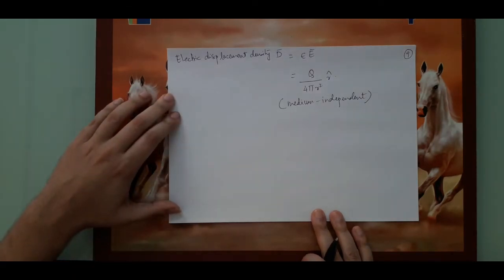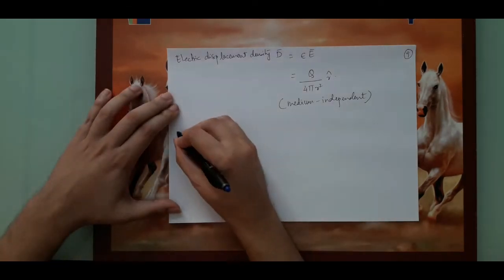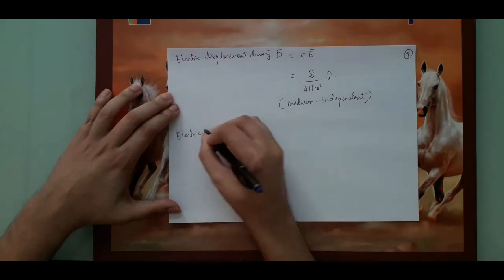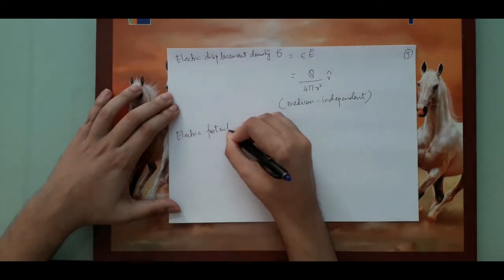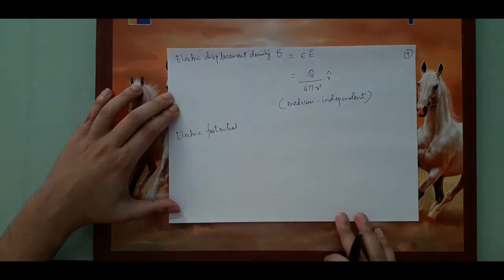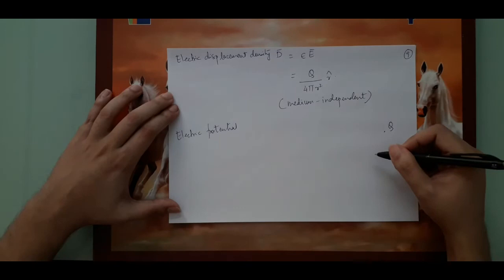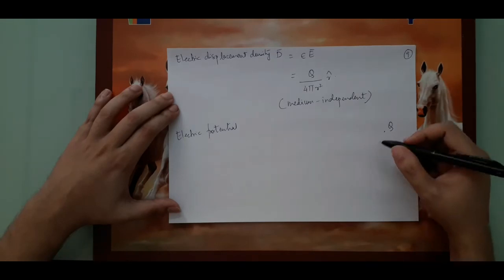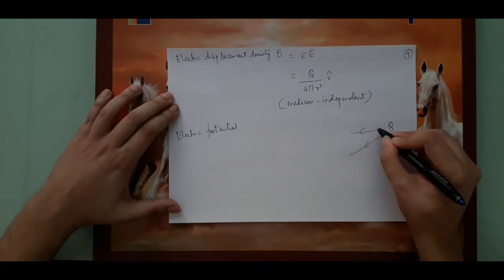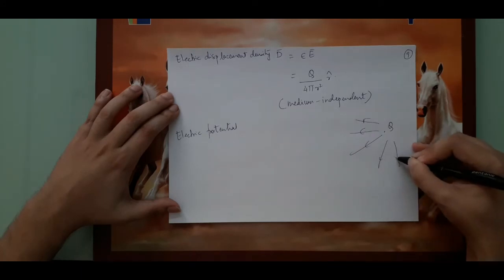Now I can define something called electric potential. Suppose I have some charge Q which has some electric field in its vicinity.